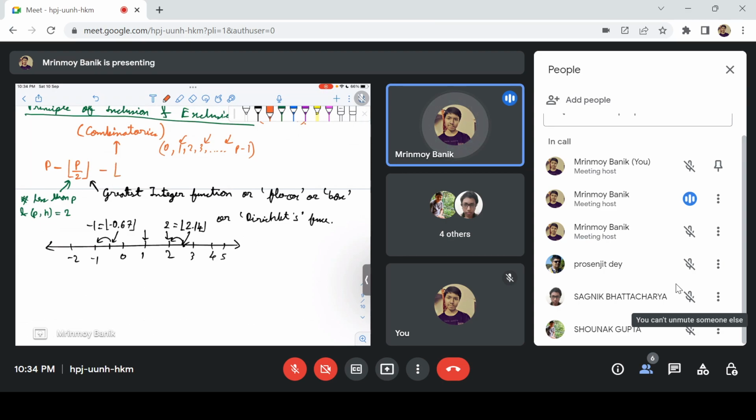Then similarly, we have floor of p by 3. These are the numbers which have a common factor of 3 with p.